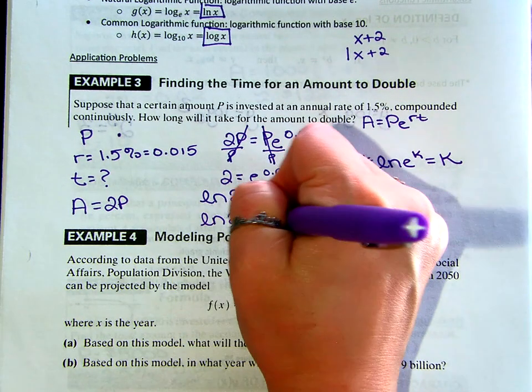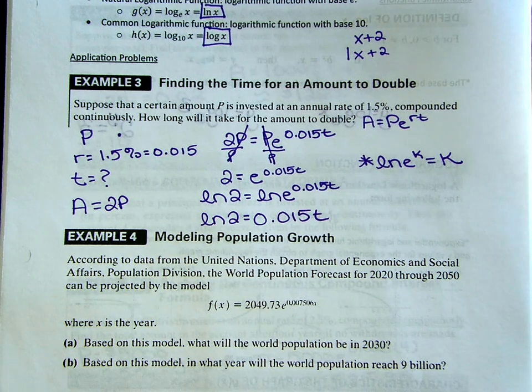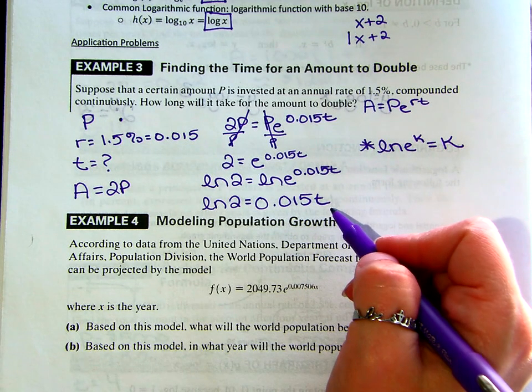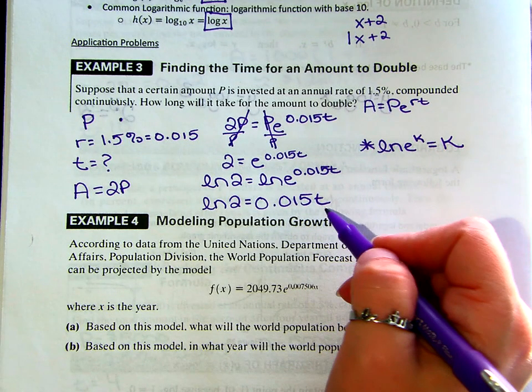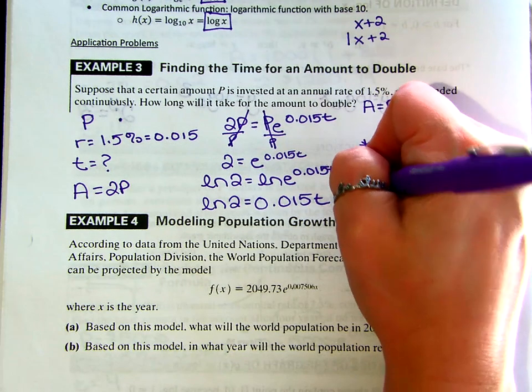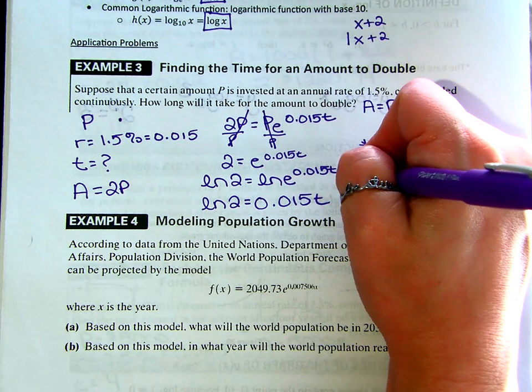And if I'm trying to solve for t, what am I going to do? Well, we have ln of 2 equals 0.015 t. So I'm trying to get t by itself. Yeah, we got to divide. I'm going to divide both sides by that 0.015. So I'll have ln of 2 divided by 0.015 equals t.